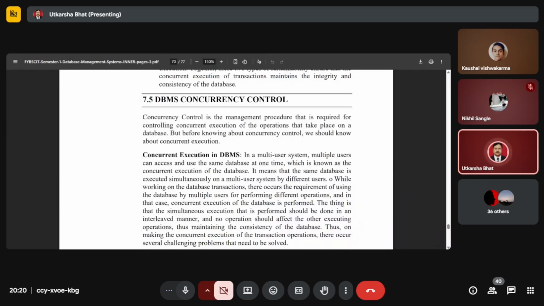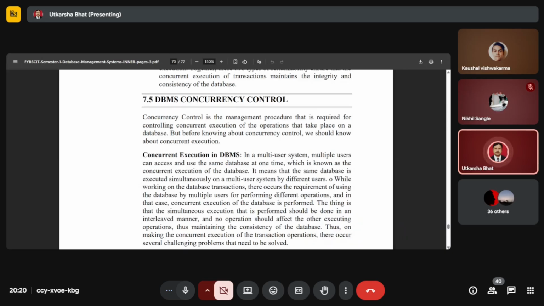The simultaneous execution should be done in an interleaved manner, and no operation should affect the other executing operation, thus maintaining the consistency of the database.